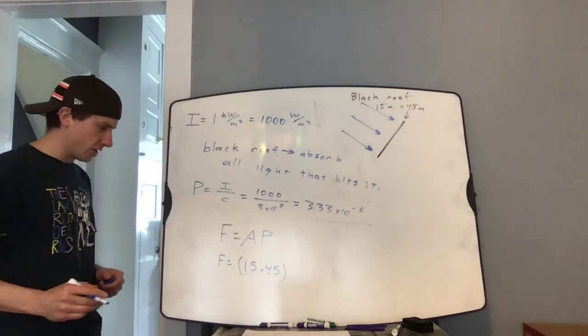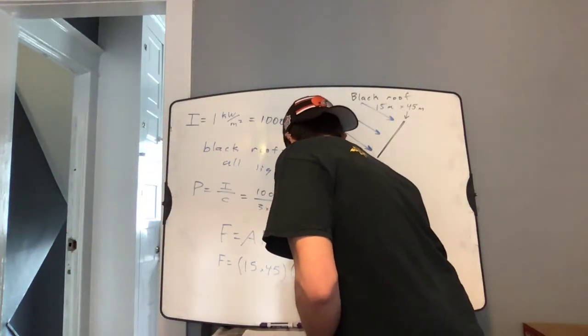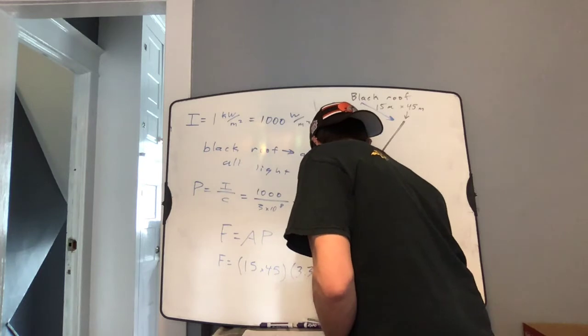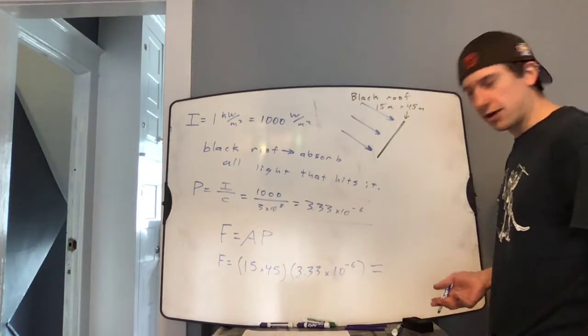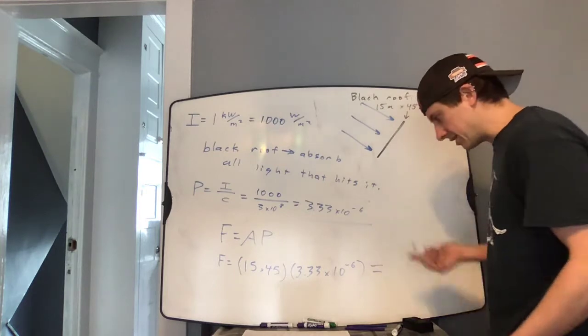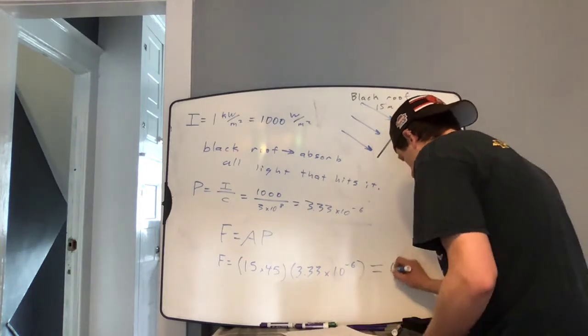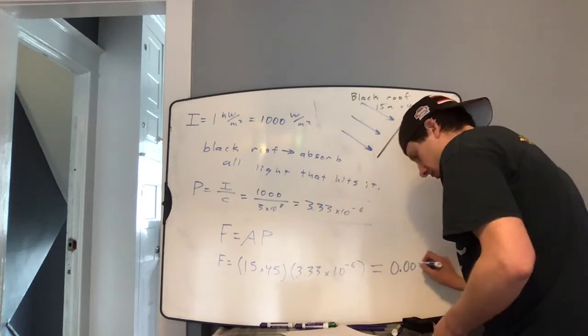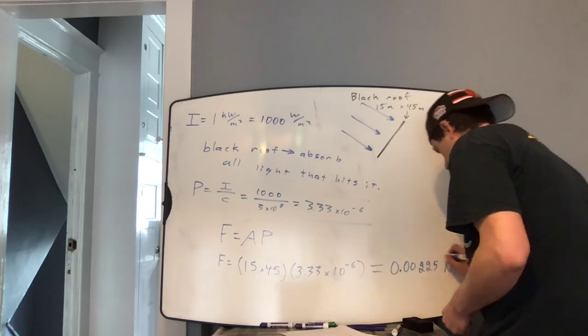The pressure is the number we just found, 3.33 times 10 to the minus 6. And then I put those numbers in a calculator and I find that the force of light hitting the roof is 0.00225 newtons.